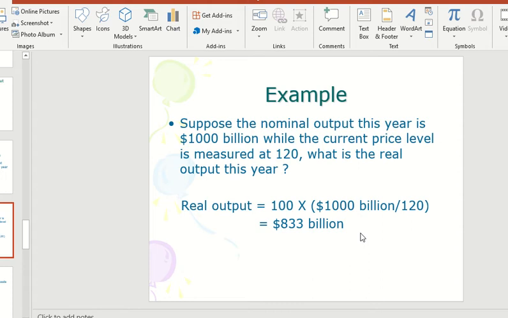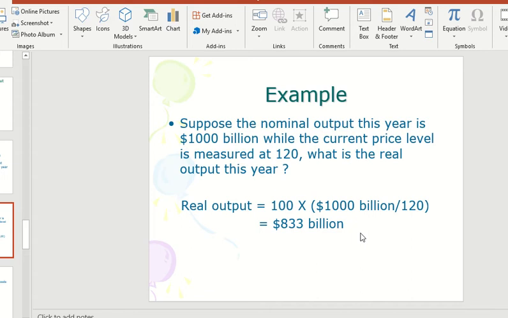And so let's consider an example. Let's assume that last year was the base year. So last year the real output and the nominal output are $800 billion.